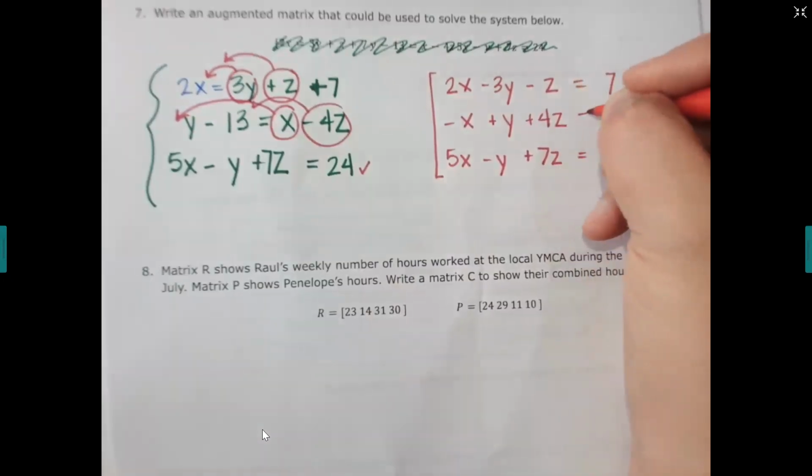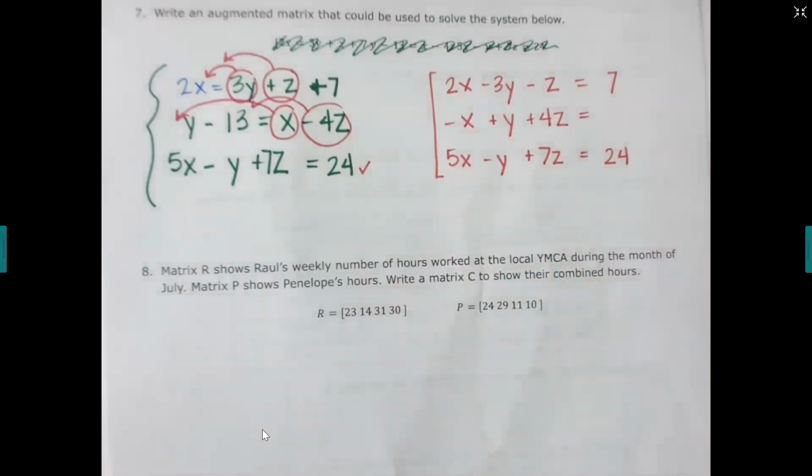Okay, the last thing I'm looking for is the number by itself, and I see that I have a -13, but is that in the correct spot? The number is supposed to be on that side. So if it's a -13 and I move it across, what's gonna happen to it?